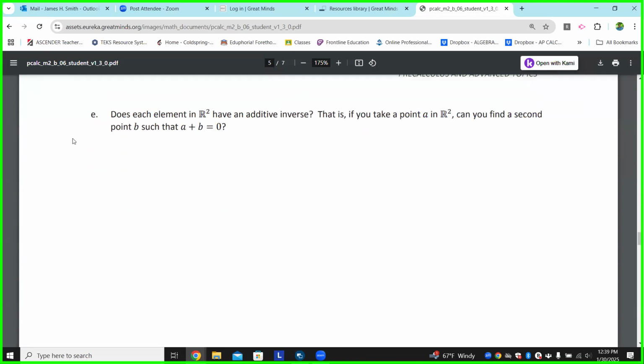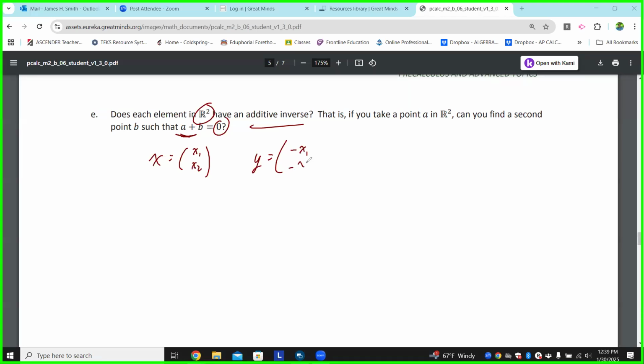Does each element in R2 have an additive inverse? What does additive inverse mean? It means that if I add something to it, I get the value of 0. So if I let x equal (x1, x2), what would y have to be so that it would equal 0?